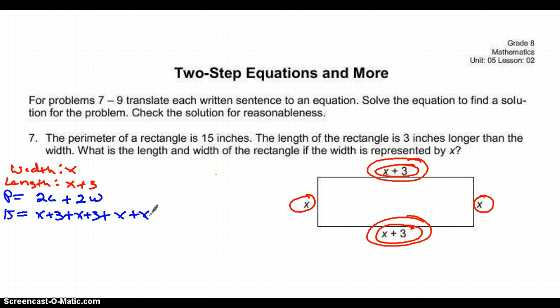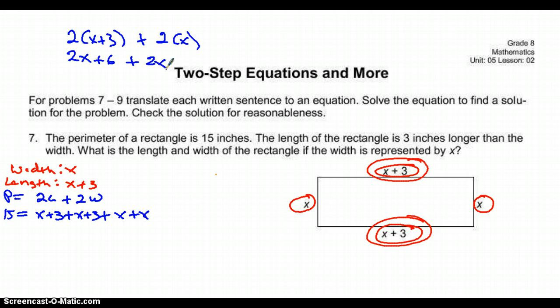Please understand that we could have rewritten this as 2 times x plus 3 plus 2 times x. And of course we could have used the distributive property, and we would have gotten 2x plus 6 plus 2x.